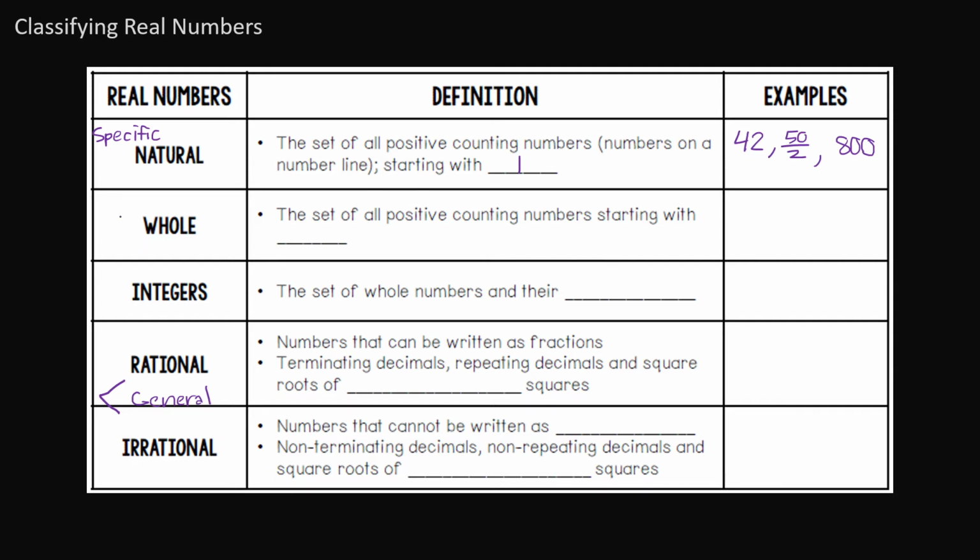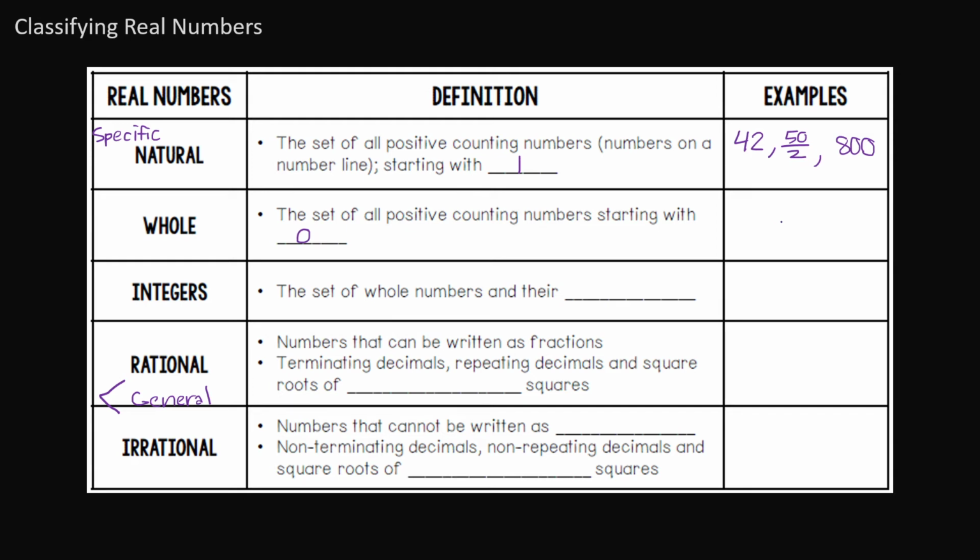Now, even more general, including natural numbers, are whole numbers. The set of all positive counting numbers starting with 0. So the only difference between natural numbers and whole numbers is that whole numbers also include 0. Natural numbers do not.